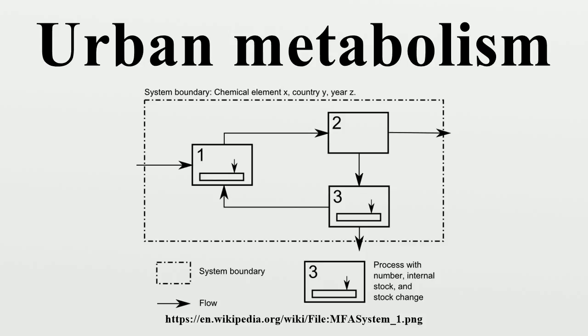This method is based on the concept that the mass of the resources used will equal the mass plus stock changes out. The MFA technique has become the mainstream school of urban metabolism because it uses more practical units that the public, workers, government officials and researchers can understand.